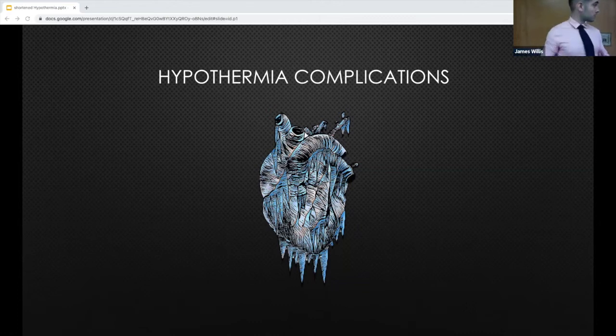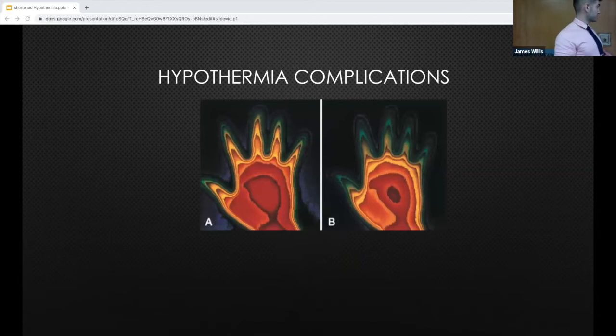With regards to peripheral changes, we have A, which is just a normal room temperature room, and B, which is a colder room. And you can see there's decreased blood flow and heat going to the rest of the hand. And this is to specifically address core temp afterdrop, where the idea is that as the body peripherally vasoconstricts, you have a bunch of cold and acidic blood that pools inside the extremities.